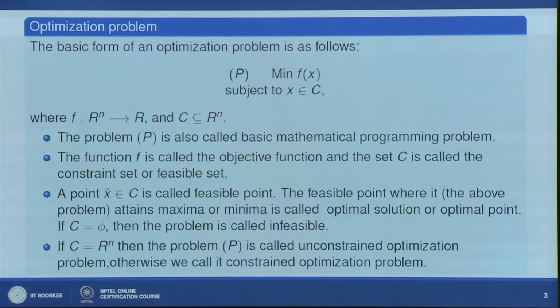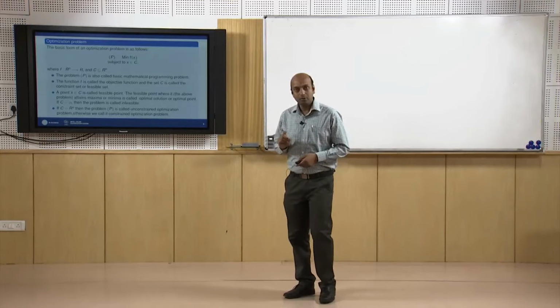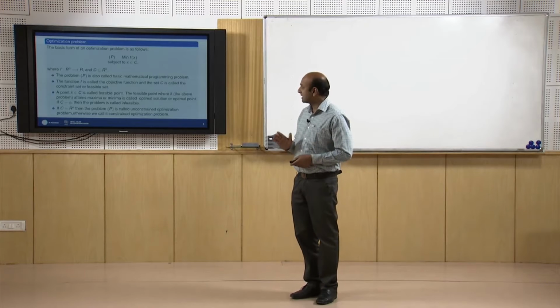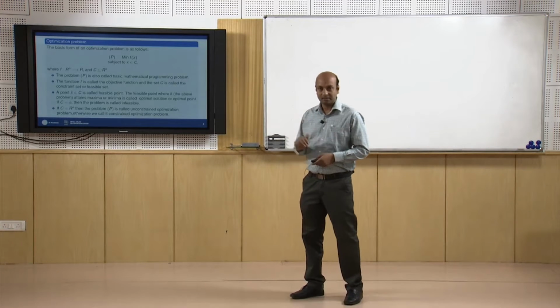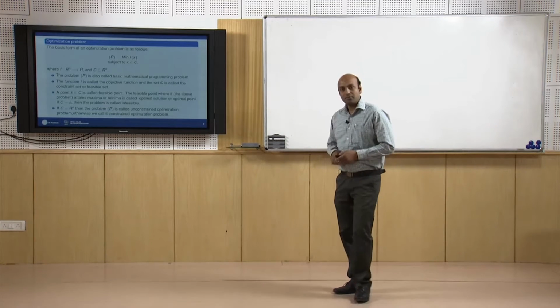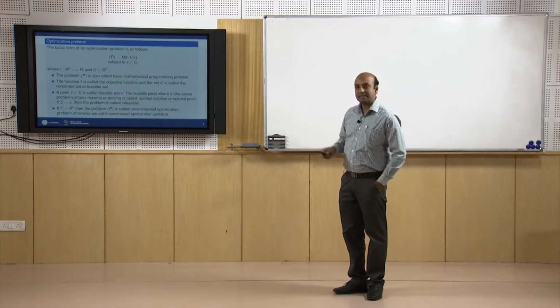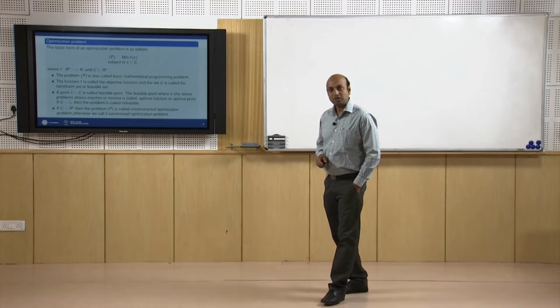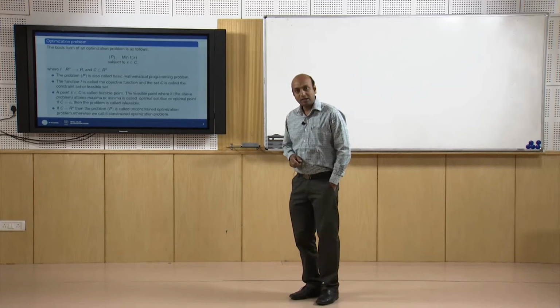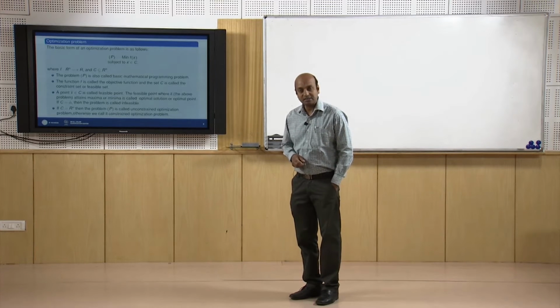We call this an optimization problem because we have to minimize a function f subject to the condition that x belongs to some set C. The function f which we have to minimize is called the objective function, and the set C is called the set of constraints or constraint set.